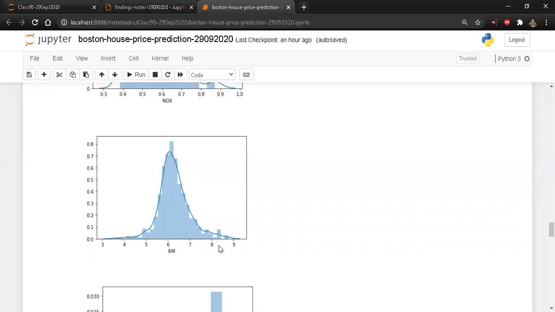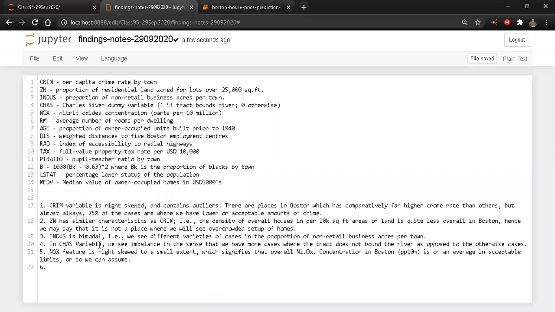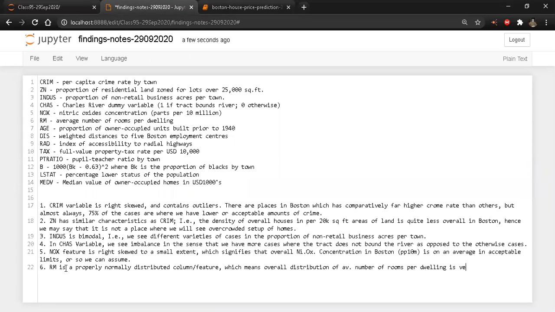RM is beautiful. I really like this variable. RM is what? Average number of rooms per dwelling. RM is a properly normally distributed column or feature, which means the overall distribution of average number of rooms per dwelling is very well thought of.